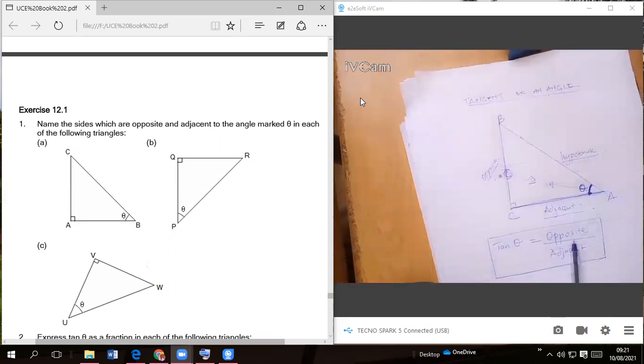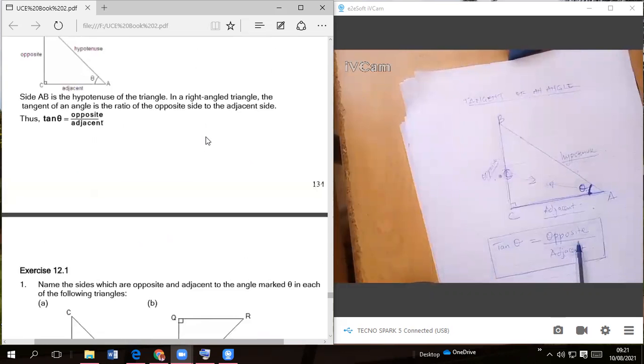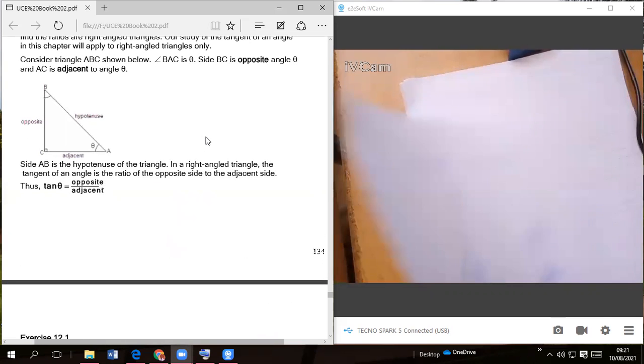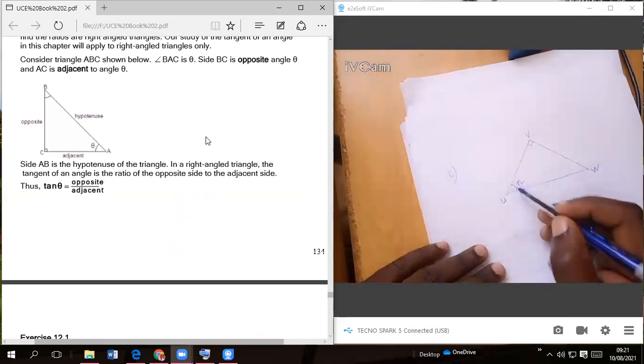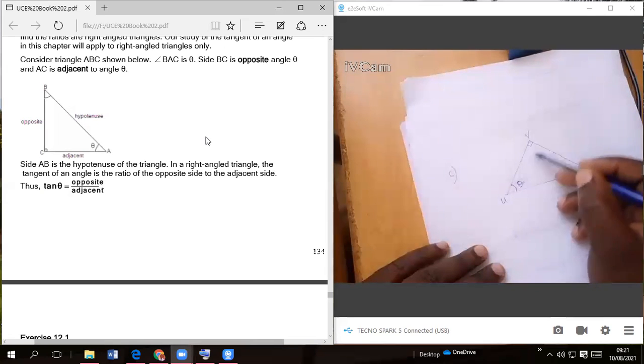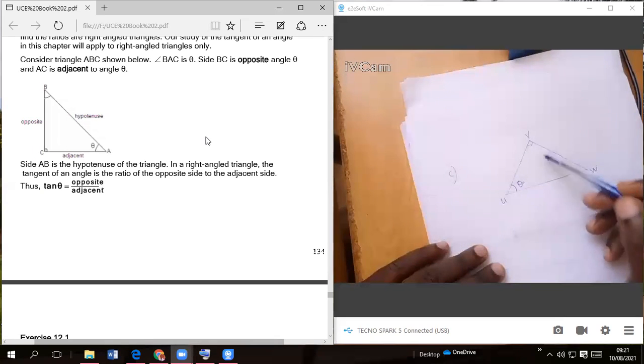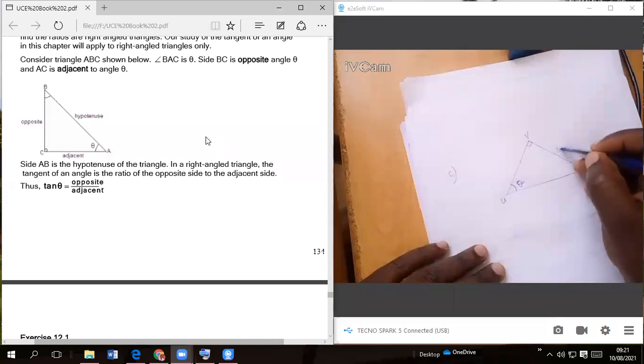Now let us see which side is opposite here. We have the angle here. We have said either this or this is opposite. So this side, which is far away from the angle, is the opposite.